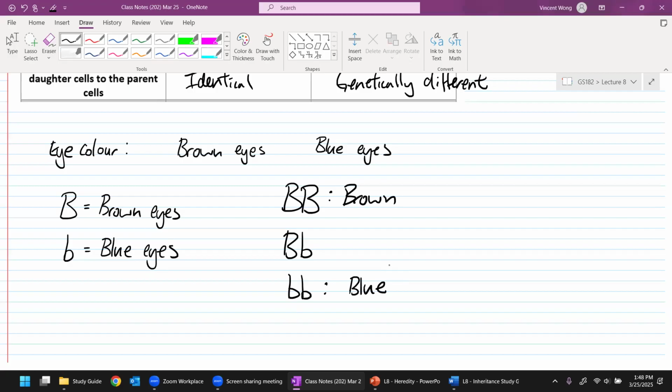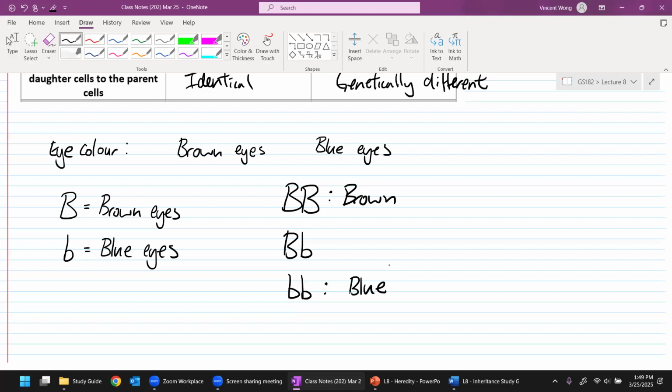So it turns out in genetics, when you have two alleles present at the same time, most of the time, one allele will cover up the other one. One allele will be dominant over the other one. The one that's being covered up, we call recessive. But the one that's covering it, we call dominant.